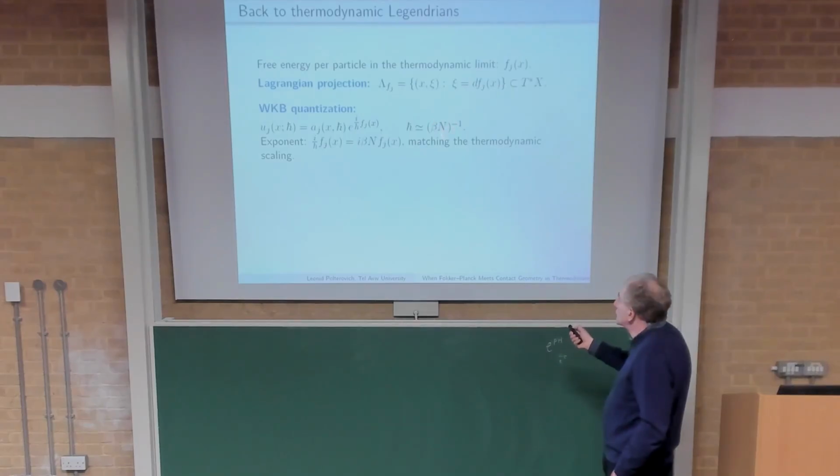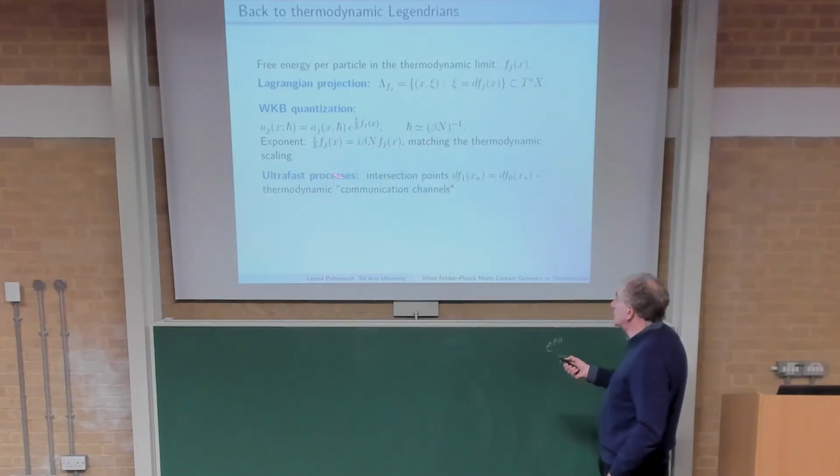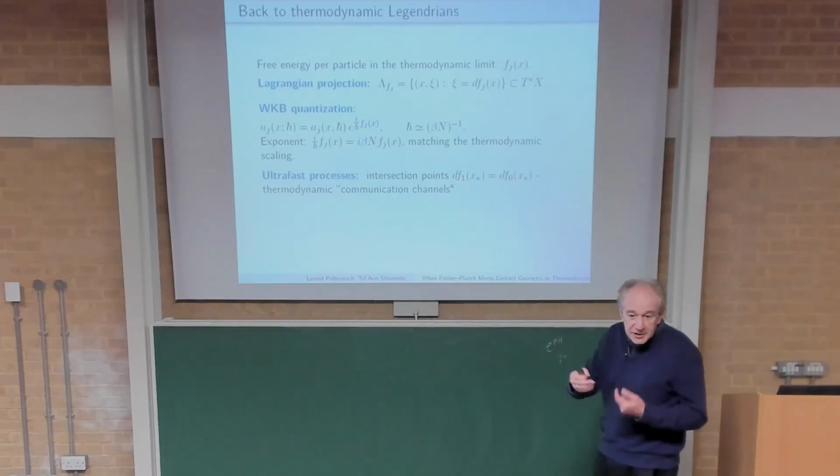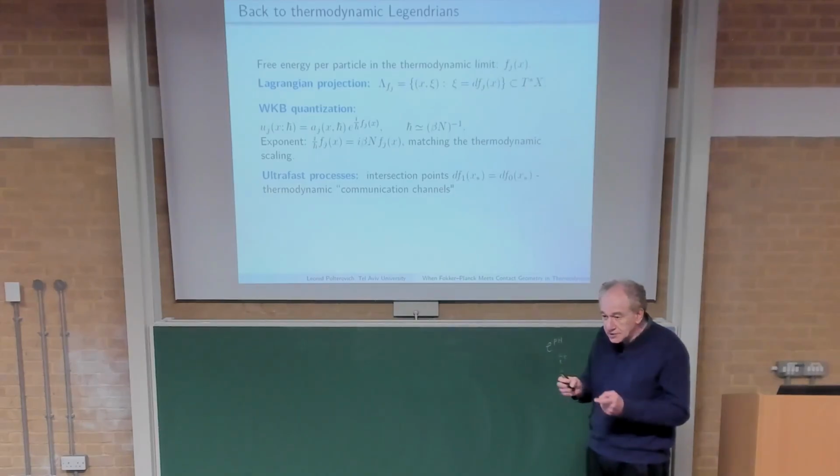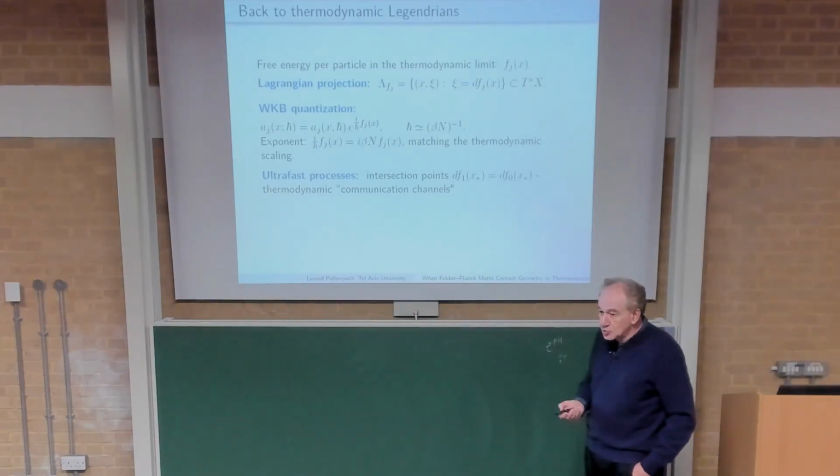So even the number of particles enters into this thing. So the exponent matches thermodynamic scaling. And we get that ultra-fast processes, which correspond to intersection points, are thermodynamic communication channels. Okay, so there is a certain duality between these two pictures.